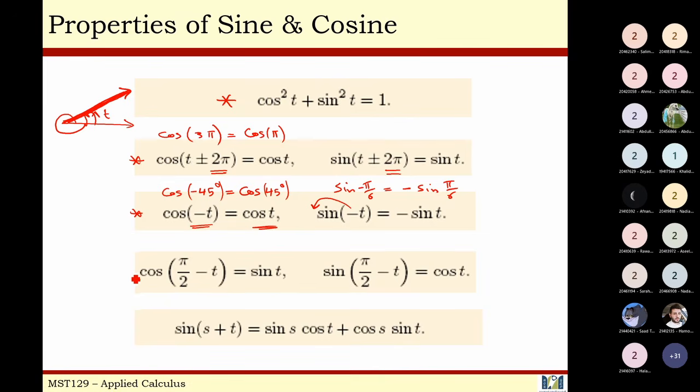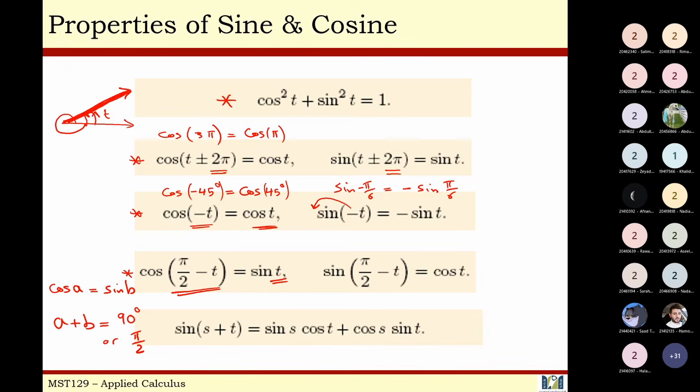Now, number 4: the sine and cosine are equal if the addition of their angles equals 90. In other words, cosine of A equals sine of B, and this is correct in case A plus B equals 90 degrees or pi over 2.